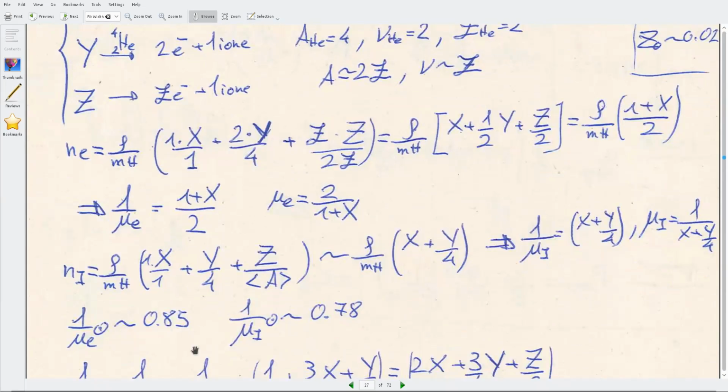This is a typical value for the sun, and they depend on X, that is the mass fraction of the hydrogen, Y the mass fraction of the helium, and Z for the metals, that in astronomy are every other element that is not hydrogen and helium.